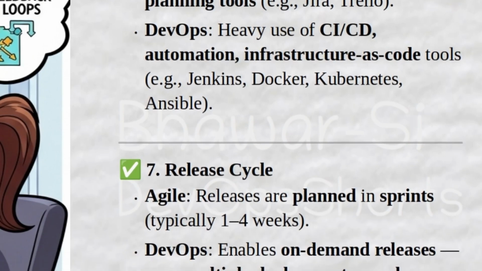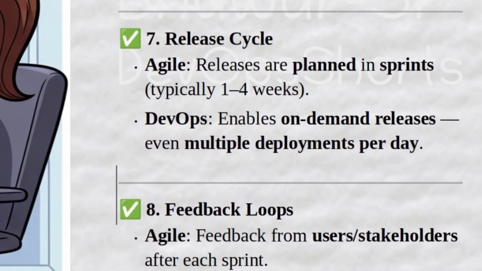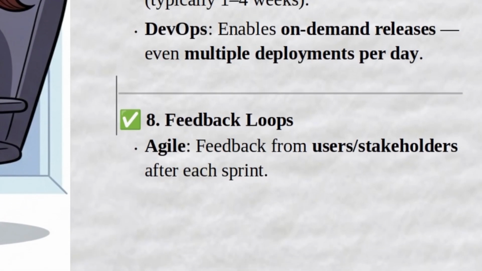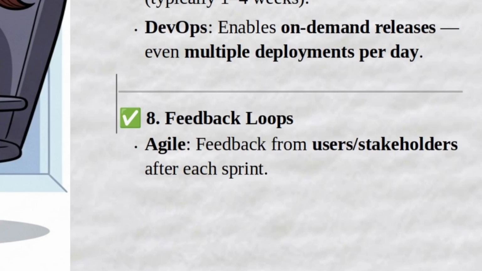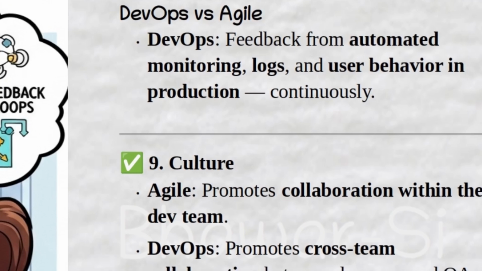7. Release cycle. In Agile, releases are planned in sprints, typically between 1 to 4 weeks, whereas DevOps enables on-demand releases, even multiple deployments per day. 8. Feedback loops. In Agile, feedback is taken from users and stakeholders after each sprint, whereas in DevOps, feedback is taken continuously from automated monitoring, logs, and user behavior in production. 9.